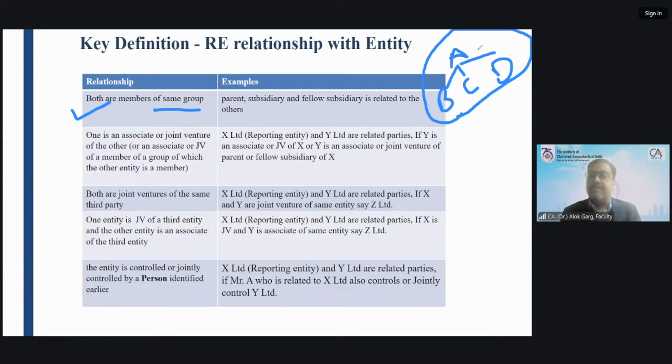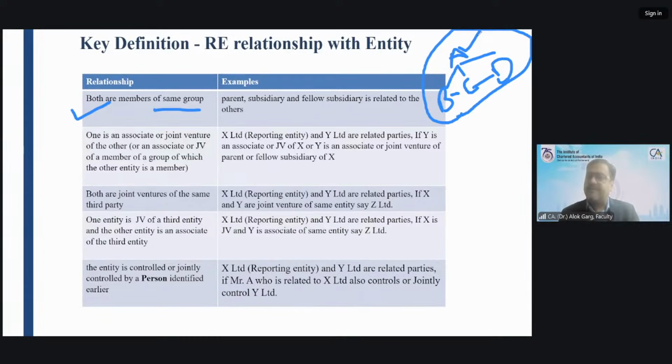Who is a parent in this case? A Limited. Who are the subsidiaries of A Limited? B, C, and D. And what is the relationship between B, C, and D? They are fellow subsidiaries.